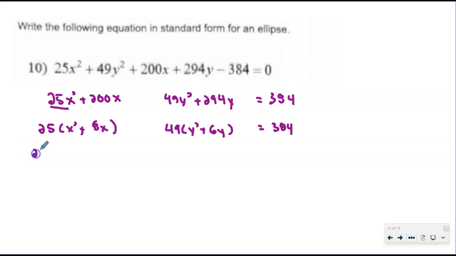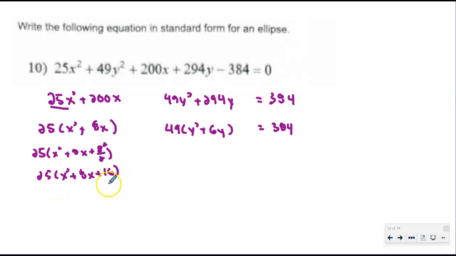So when I complete the square with the x's, it's the same thing that you guys did when we worked with the equation of a circle. We're taking that middle b term, or 8, over 2 and squaring that. So I got 25 times x squared plus 8x, 8 over 2 is 4, 4 squared is 16.